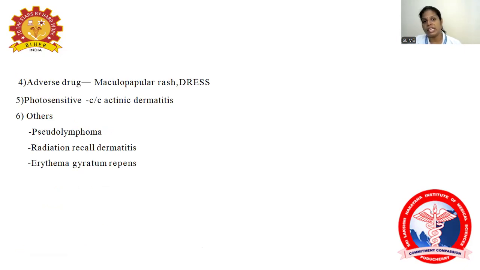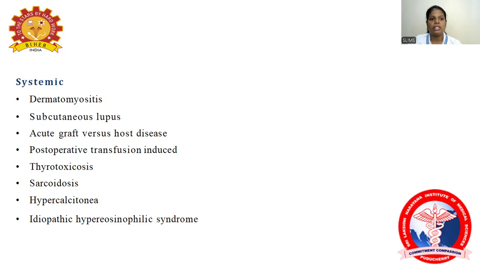Adverse drug reactions like maculopapular rash and DRESS syndrome, photosensitive conditions like actinic dermatitis, others like pseudolymphoma, radiation recall dermatitis, erythema gyratum repens. Systemic causes like dermatomyositis, subacute cutaneous lupus, acute graft versus host disease, post-operative transfusion-induced thyrotoxicosis, sarcoidosis, hypercalcemia, idiopathic hypereosinophilic syndrome.